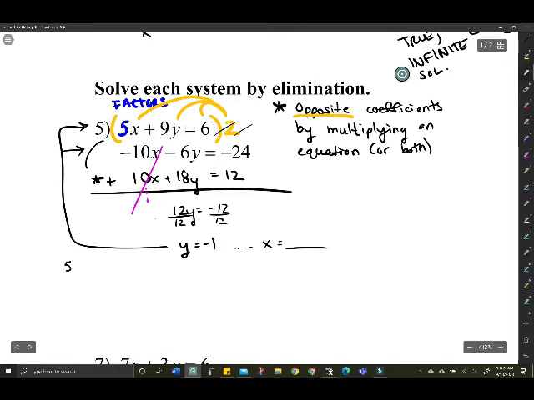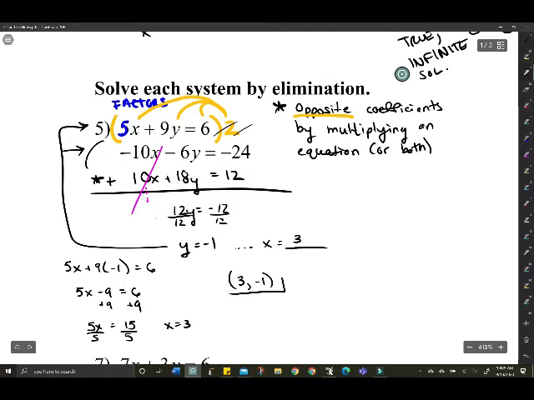So if I take 5x plus 9 times -1 equals 6, I have 5x minus 9 equals 6. 15 equals 5x, and x equals 3. Same idea as before. (3, -1) is technically the coordinate point. You can check your work, but that's the name of the game. So a little bit of an easier elimination there. Use the factors to multiply.